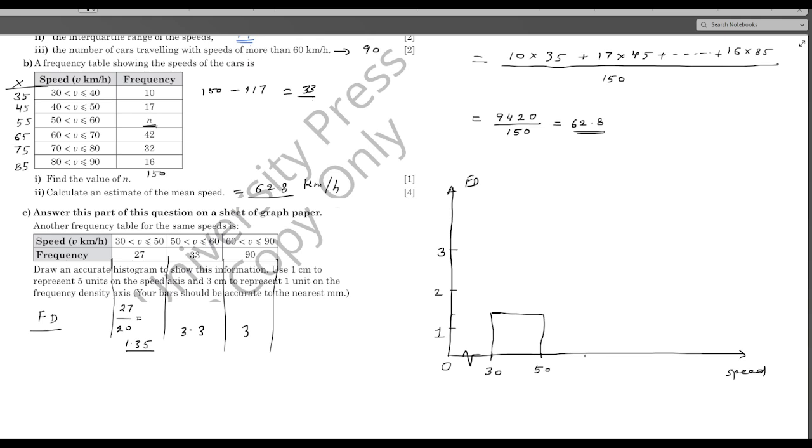Then from 50 to 60, the frequency density is 3.3, so it goes above 3, and you draw a bar. Then exactly at 3, from 60 to 90, you draw one horizontal line and then drop down. So this is your 60 to 90 bar. Done, this is your histogram.